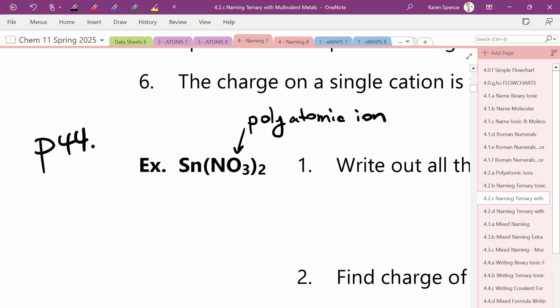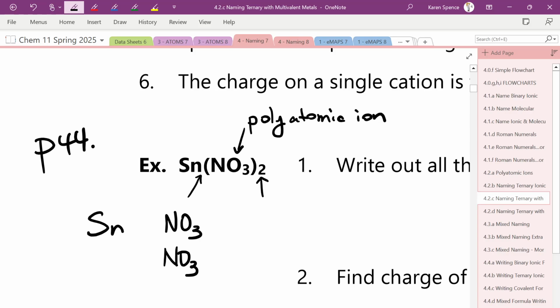Do I do anything differently? Not really. I say, how many tin do I have? I've got 1 tin, so I write out 1 tin. How many nitrate do I have? 2. So I have an NO3 and an NO3.